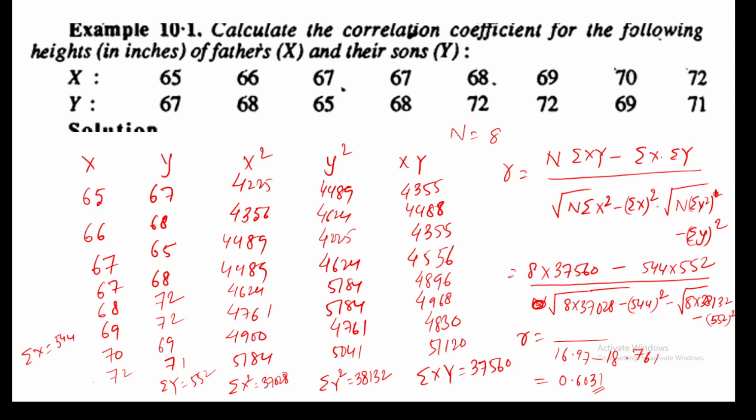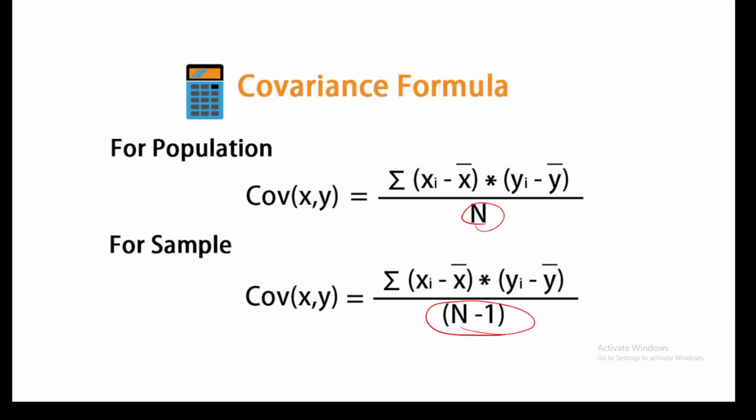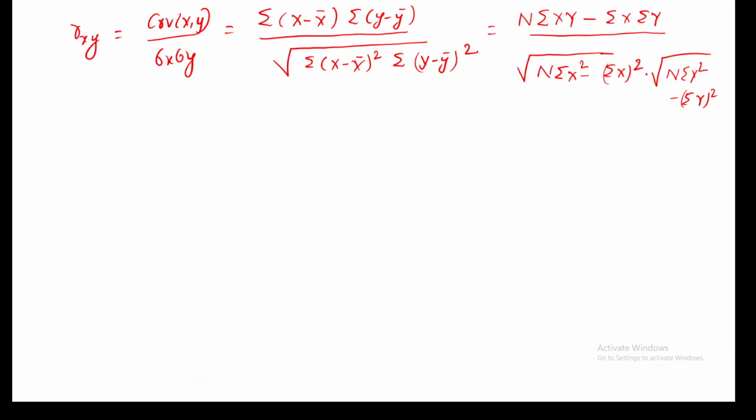So now we'll start the regression, and this is also regression part only, but this is the correlation coefficient. One formula was there, and the second part is for fitting a straight line: y is equal to mx plus c.